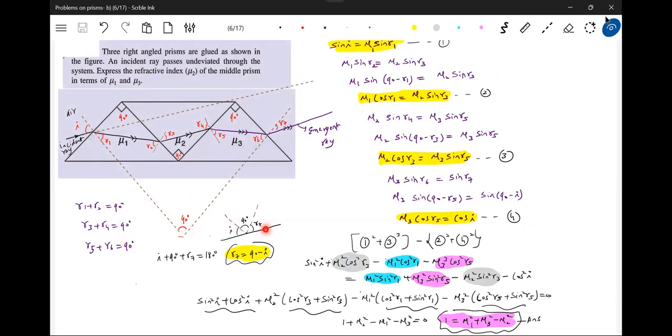Equations 1, 2, 3, 4 are Snell's law, physics. The rest of everything is trigonometry. Of all this, this is very important. This is what the student has to observe. Okay, let's take the next one.